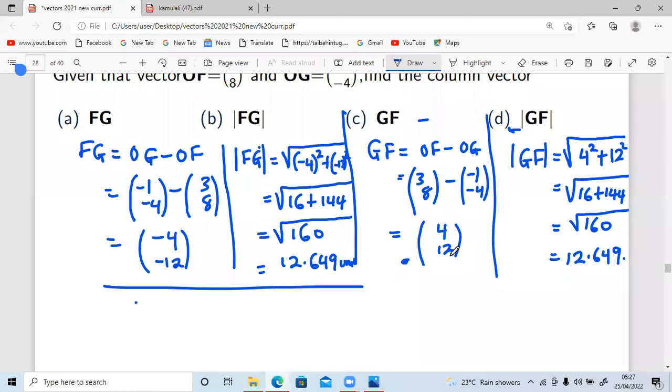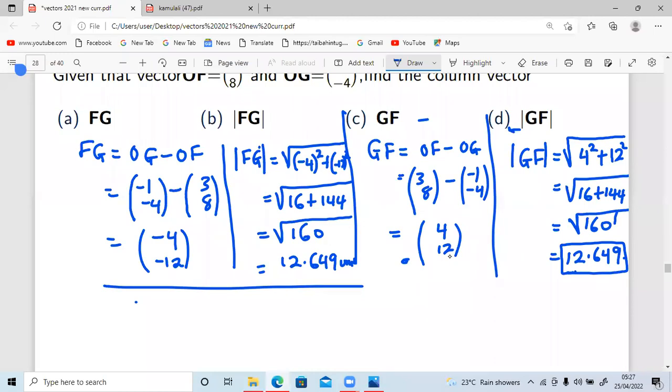Hope that is fine. So in case the examiner wants it in a root, you will mark. But in case he wants it in decimal points, then you have to mark the final answer. But always we mark the last answer. This is what we are mainly interested in. An ordinary person will not know what root of 160 is.